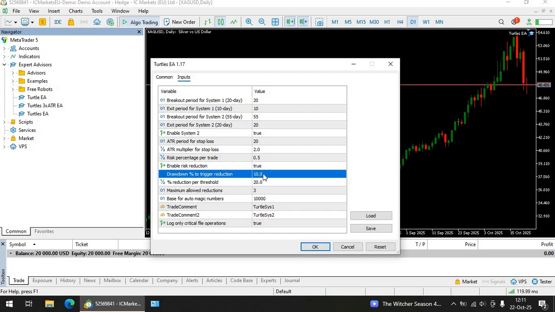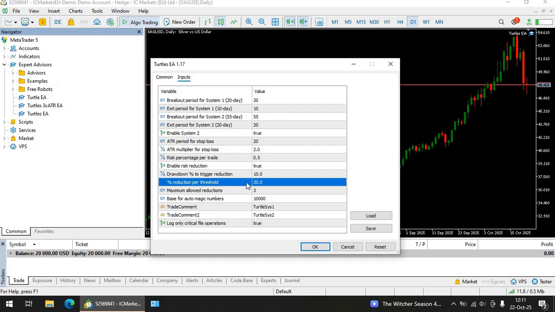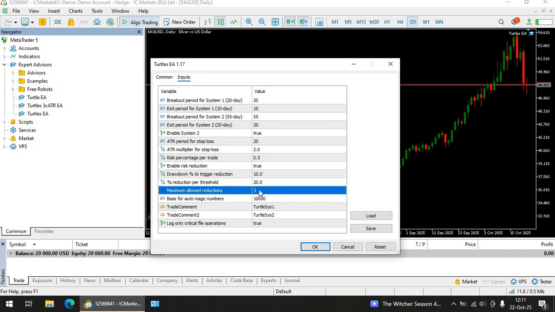When the balance drops more than 10%, the position size will be reduced by 20%, and there will be a maximum of 3 reductions allowed.